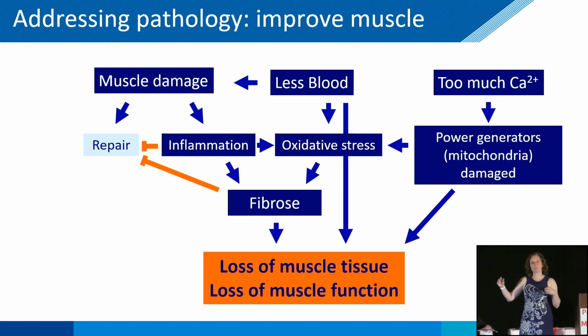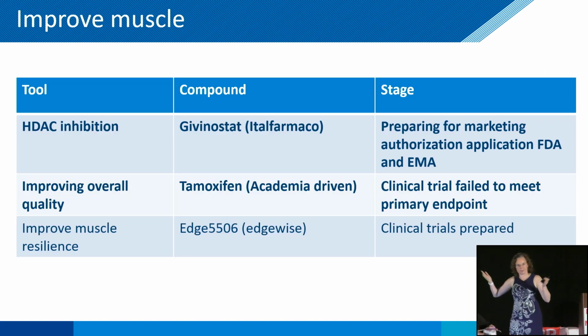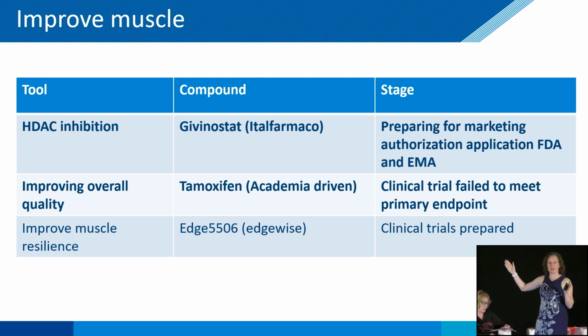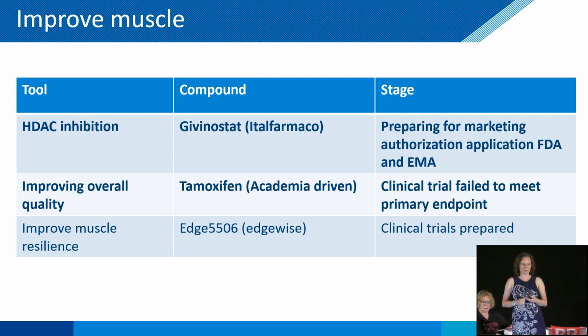And then finally, there's approaches that just try to improve muscle quality overall. And again, there's different types of approaches. I want to mention two. The first one is tamoxifen. That was something that was developed really from academia with sponsoring from patient organizations. The results in the mouse looked really good, but sadly the clinical trial failed to meet its primary endpoint, so that stopped.